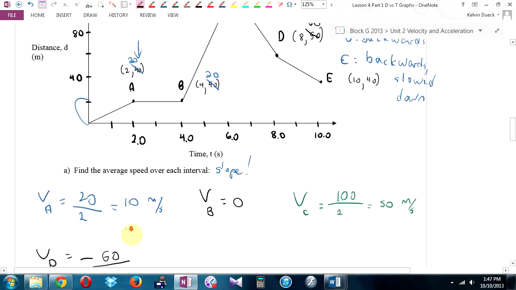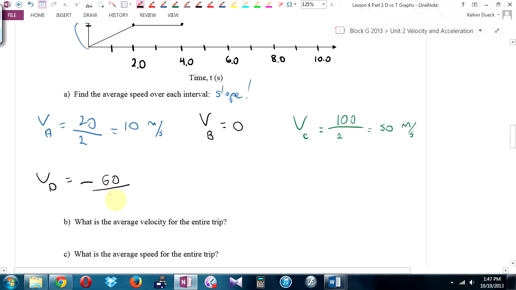What's the run? 2. You may recall I asked, are we going backwards faster than we were going forwards? Actually, no. We were going forwards at 50 meters per second. We're going backwards at 30 meters per second, negative 30 meters per second.